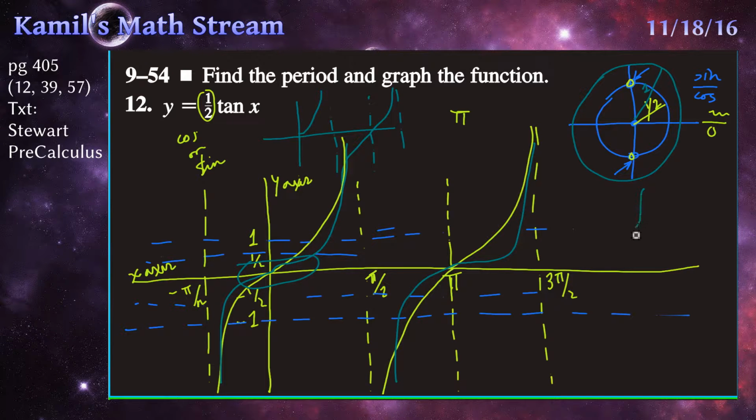So we went from this to something like this, but the asymptotes are the same. Nothing changes except a couple values in the middle here. This takes, I don't know if it's a bit steeper, and this, it's less steep.